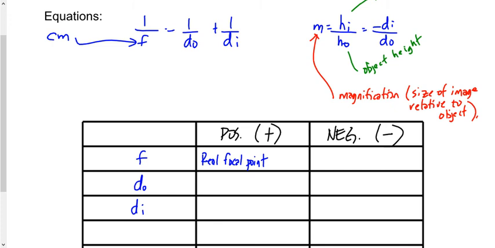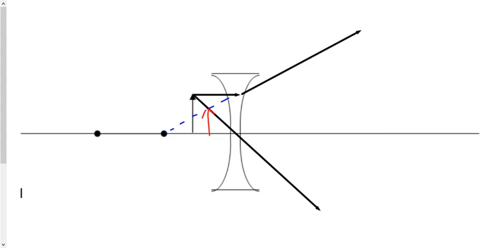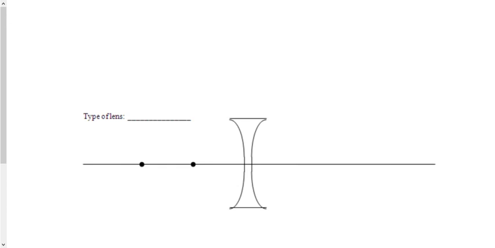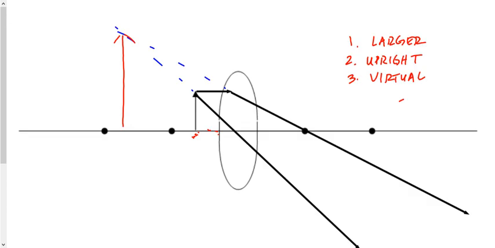In what situation would the focal point be real? The focal point is real when the rays really go through there. This is a virtual focal point because the rays diverge away from it. That's a virtual focal point or a negative focal point. This is a real focal point because rays that are parallel to the principal axis really converge there.